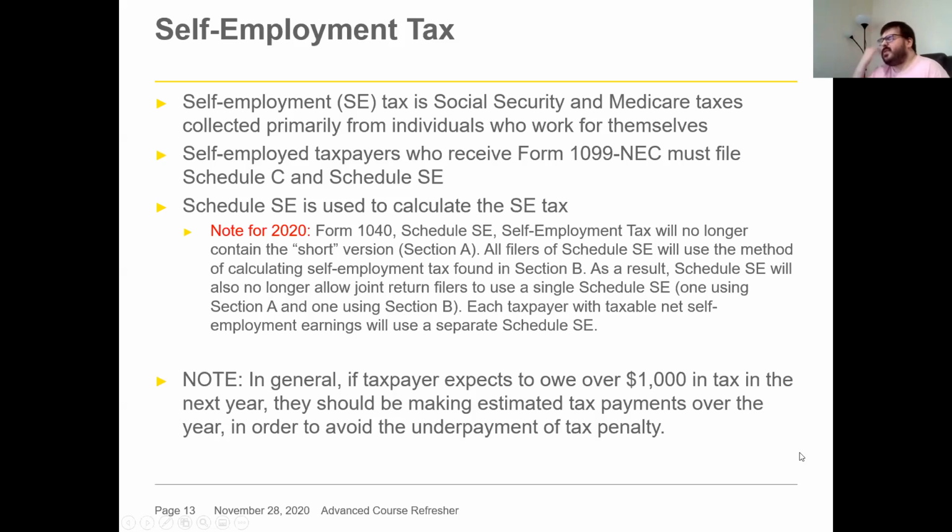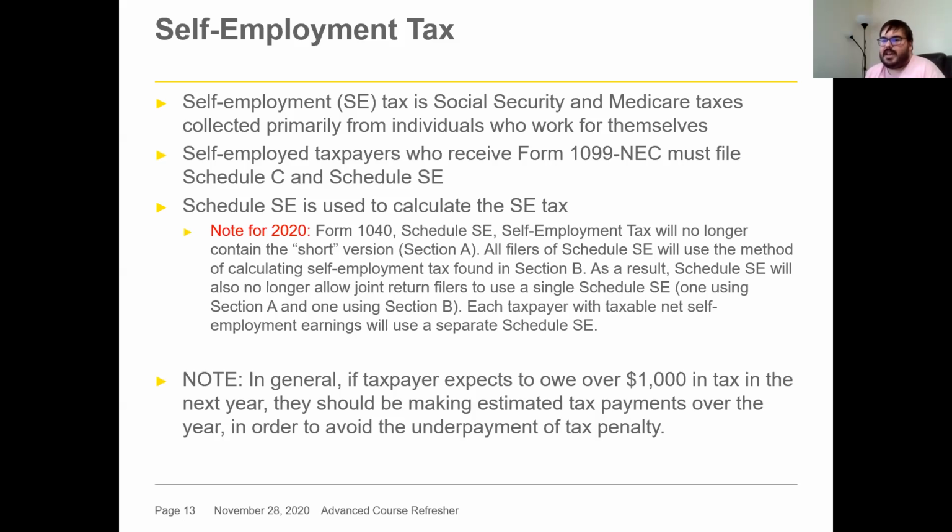We also generally advise if people think they're going to owe more than $1,000 because they're self-employed next year, we usually tell them to make estimated tax payments over the year because, one, they avoid an underpayment tax penalty, which, if you already owe money, sucks because it's more money you really didn't have to pay.